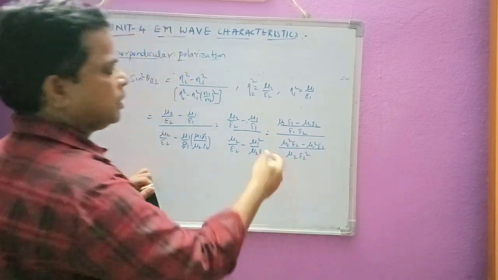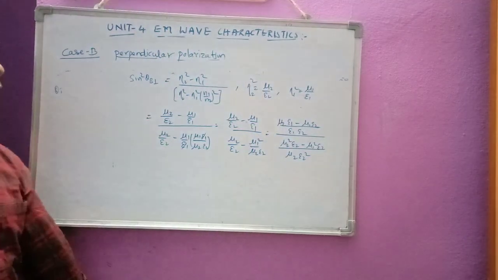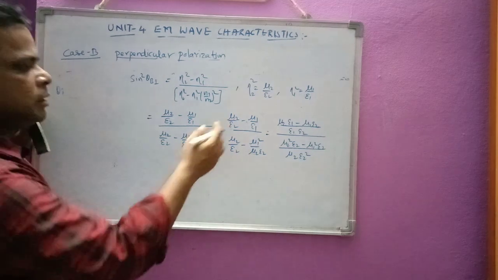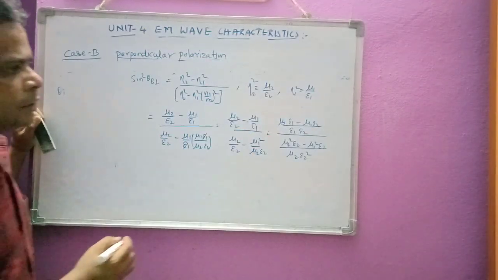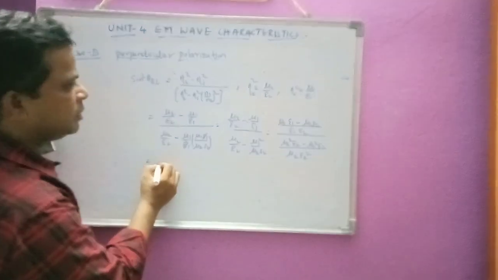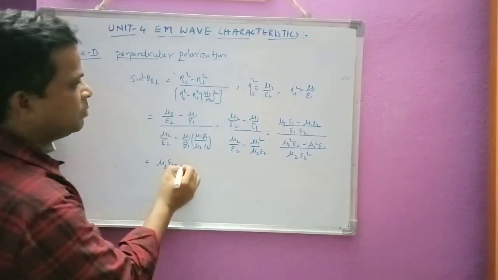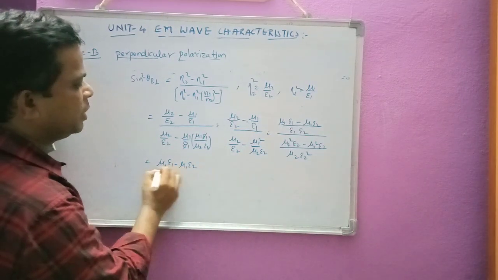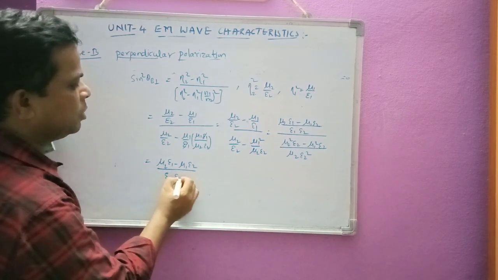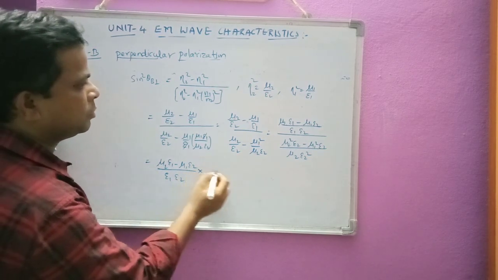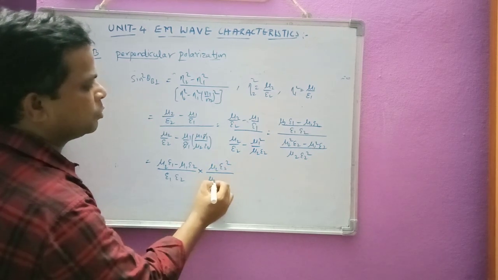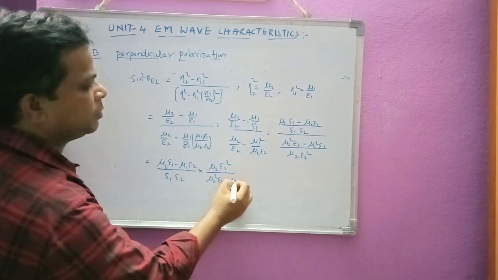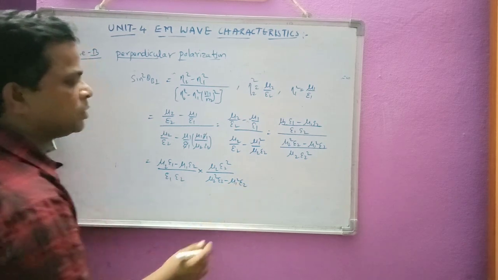If I take the LCM, I can write the equation in this manner. That is mu 2 epsilon 1 minus mu 1 epsilon 2 by epsilon 1 epsilon 2, into mu 2 epsilon 2 square by mu 2 square epsilon 2 minus mu 1 square into epsilon 2.